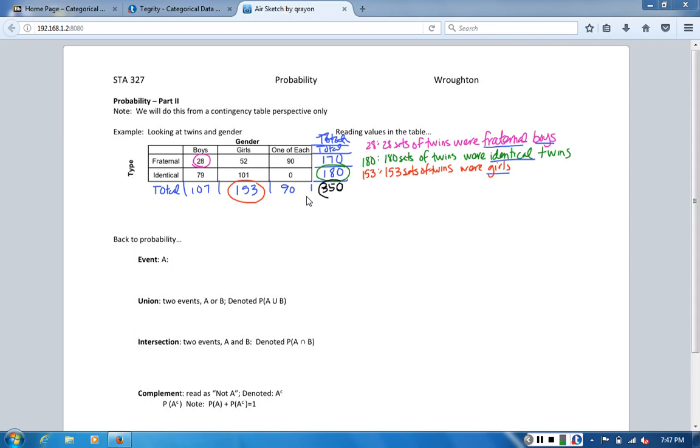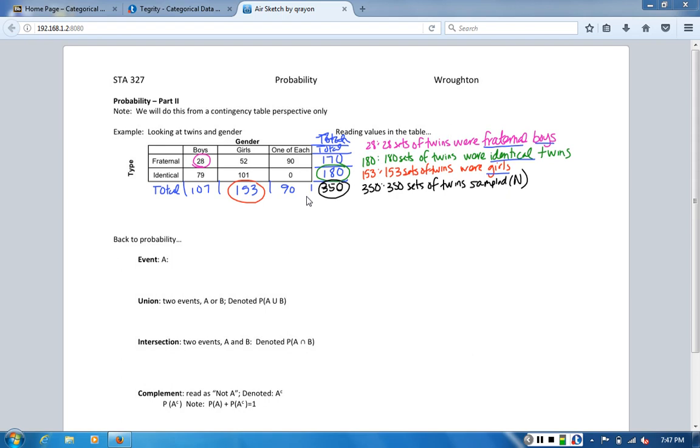And then finally, let's talk about this 350. That just told us our total number of twins sampled. But it doesn't tell me anything about the type or the gender. So in a sense, this is my overall sample size.